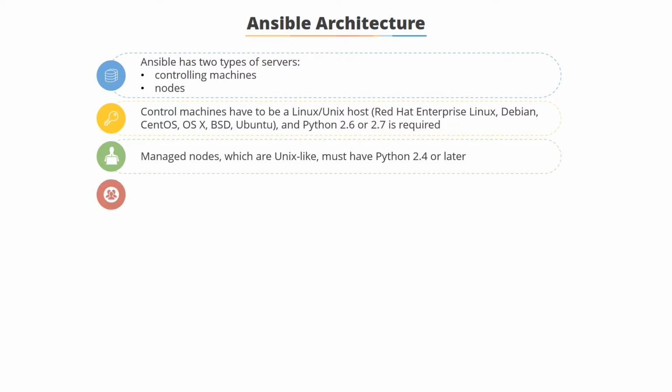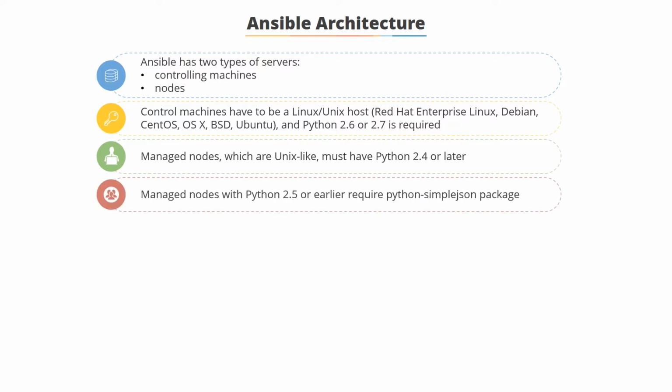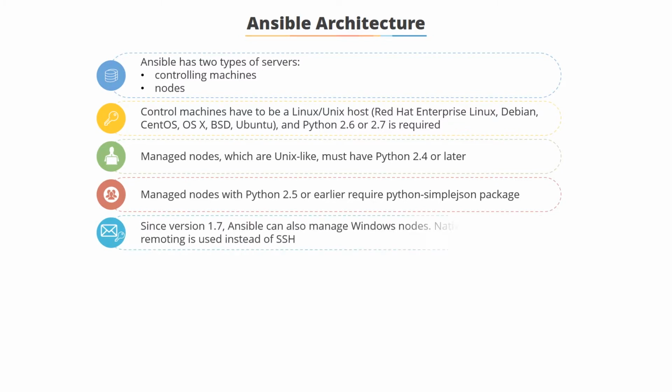For managed nodes with Python 2.4 or earlier versions, the simplejson package is also required to work with Ansible. Since version 1.7 of Ansible, you can also manage various Windows nodes. And in this case, PowerShell remoting is used instead of SSH, which you would use in the case of Linux.